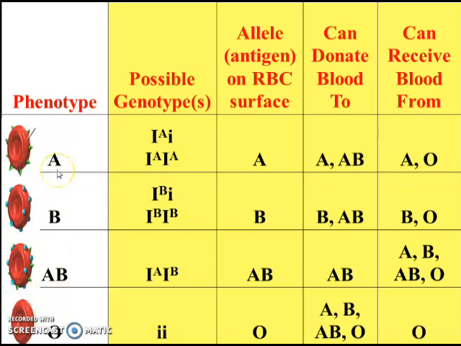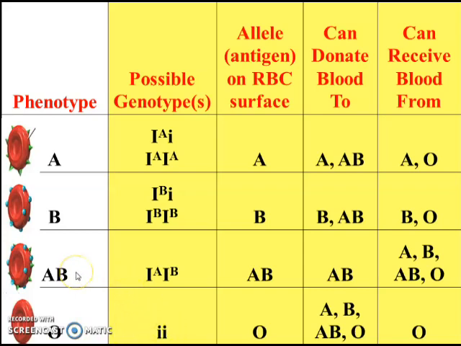Type A blood is a combination of either 2 A alleles, or 1 A allele and 1 O allele, IAi. Similarly, type B blood is coded for by either 2 B alleles, IBIB, or 1 B allele and 1 O allele, IBi. Type O blood can only be obtained with 2 recessive O alleles, ii.